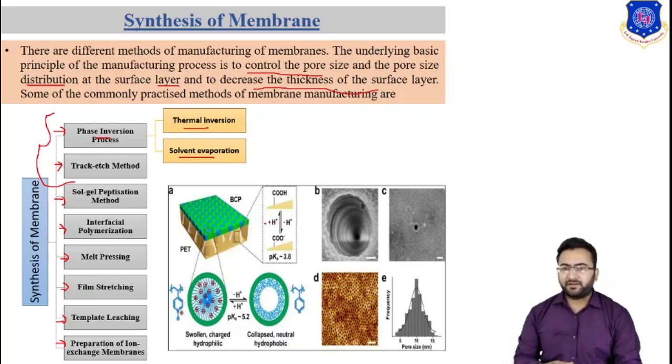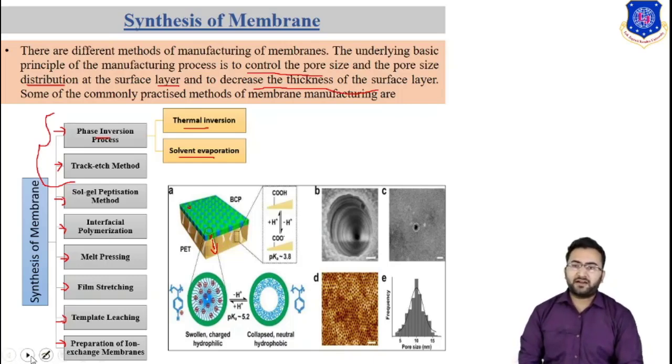So it is necessary to give uniform pore size throughout the membrane so that we can reduce the thickness of the membrane, which is more beneficial for permeation. If we reduce the thickness of the membrane, it results in reduction in resistance, which results in higher permeation or higher flux, which is required and beneficial for the membrane separation process.